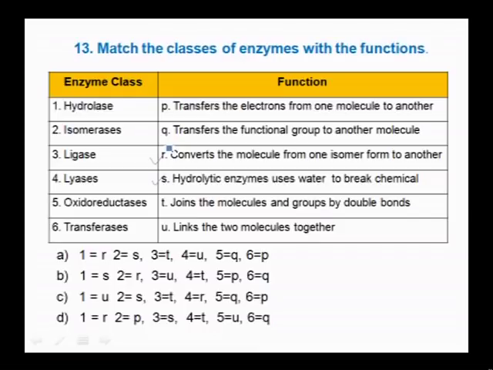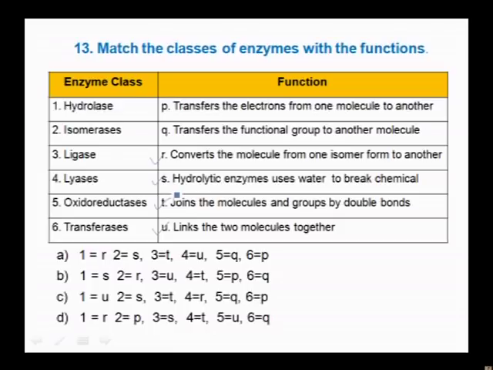Third, ligases, as the name indicates, are the enzymes which are capable of linking two molecules together. Fourth one, lyases. Lyases are associated with the function of joining the molecules or the groups by forming double bonds. So they will remove the single bond and form the double bonds.